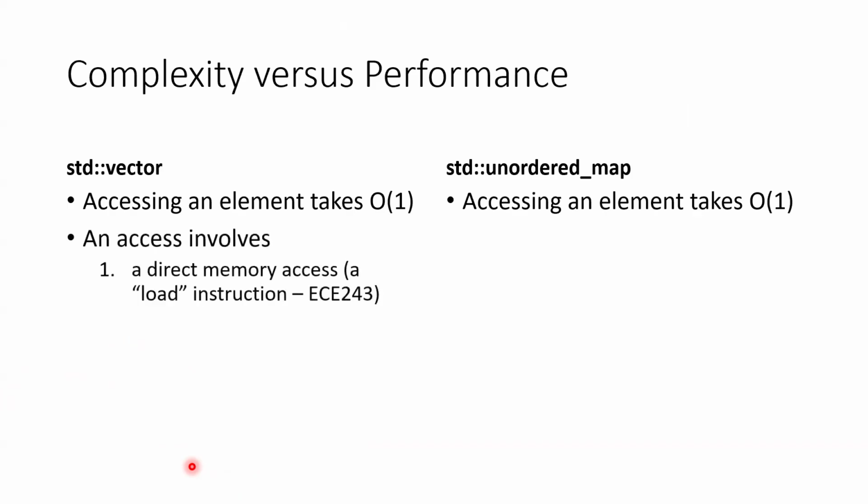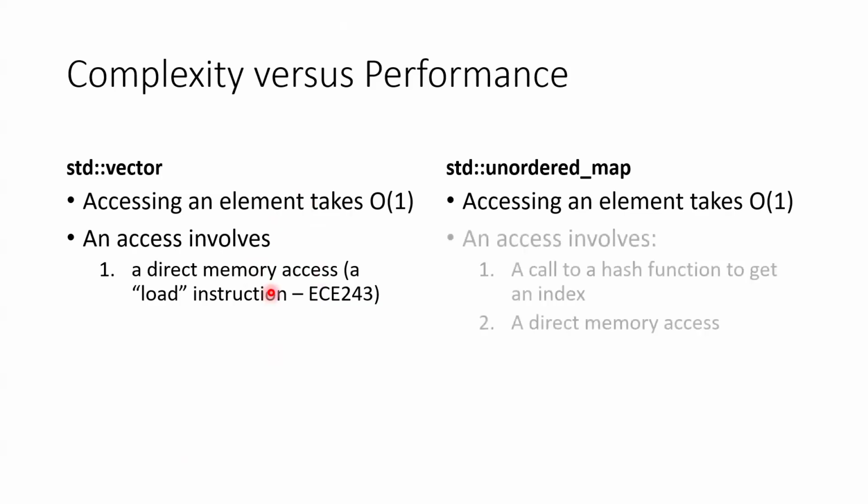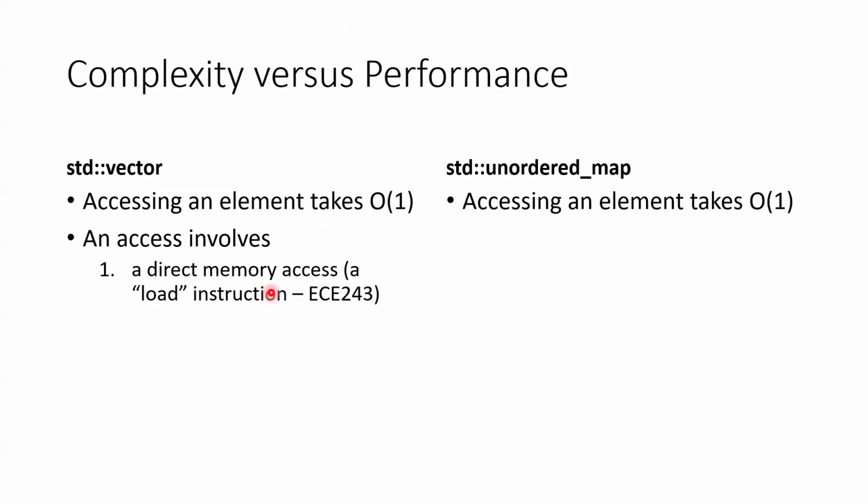For the vector, an access involves obtaining the address of the first element and adding the index onto it, then doing a direct memory access. So basically a load instruction, because a load instruction can do the addition in one instruction.